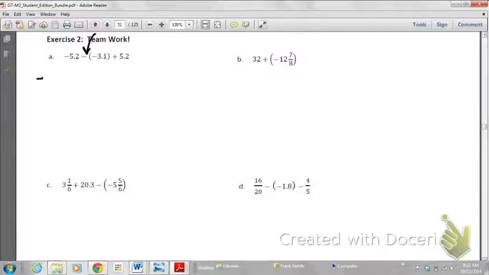So I'm going to go negative 5.2. Then I'm going to add, because remember, subtracting is the same as adding an opposite. So that means I can add the opposite of negative 3.1, which is positive 3.1. It's not a comma, it's a period. 3.1 plus 5.2. All right, so that's what I have right there. That's my little messy step.